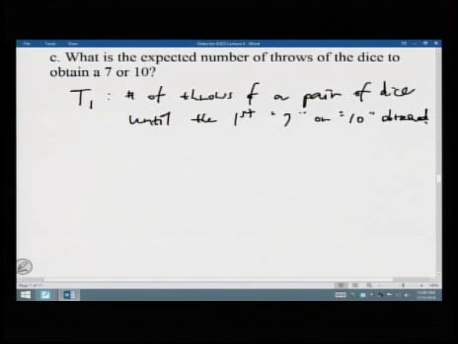Does that make sense? Of course, T sub 1 follows a geometric distribution with parameter P.